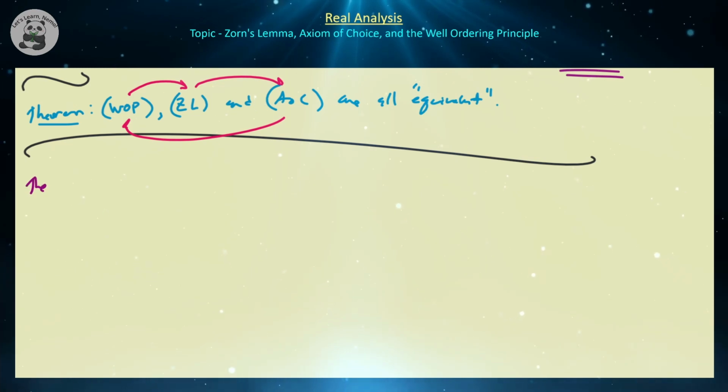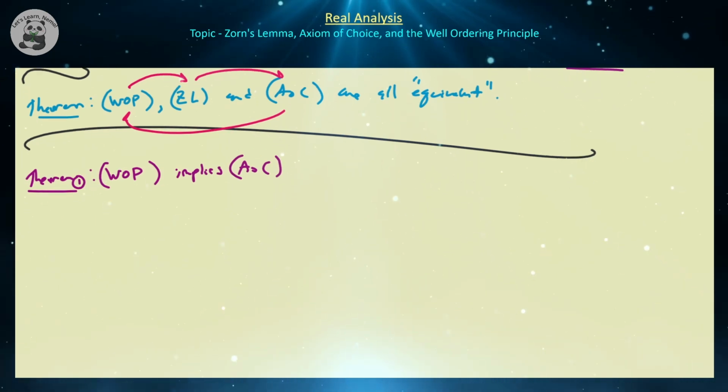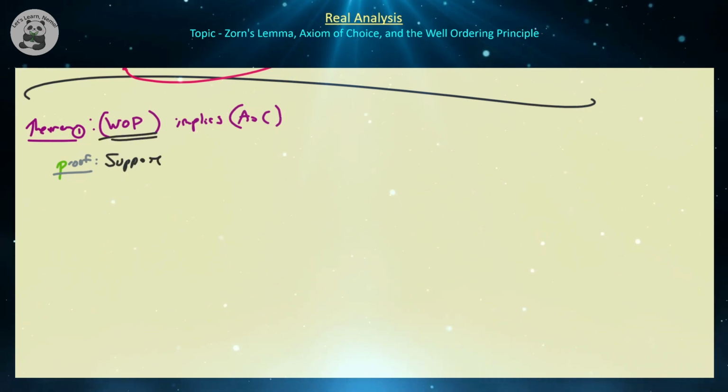So the first theorem that I want to prove is the following. In particular, the well-ordering principle implies the axiom of choice. I think this is the easier one to prove amongst any of the permutations. All right, so let's see if we can prove this. We're assuming the well-ordering principle is true.